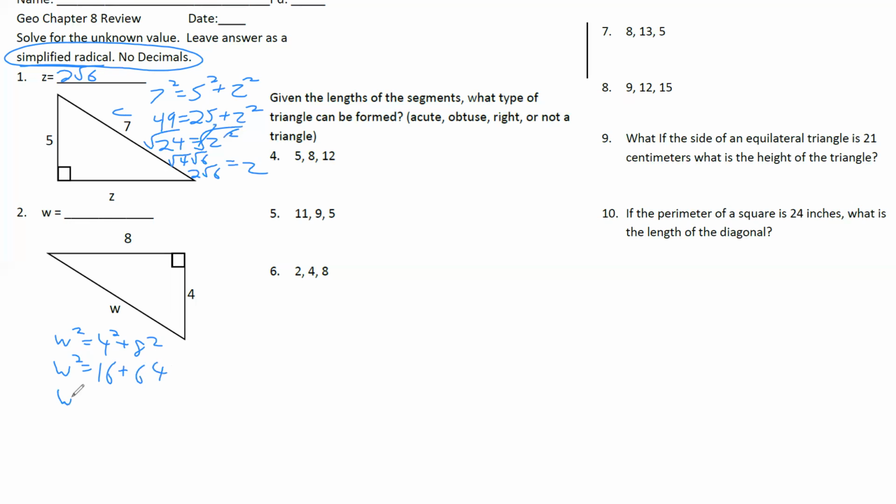Add them together and you get 80. You take the square root of both sides, that cancels off the square over here. 80 breaks down into 16 and 5. If you can find the biggest perfect square, square root of 16 is 4. So that's 4 radical 5. That's your answer.